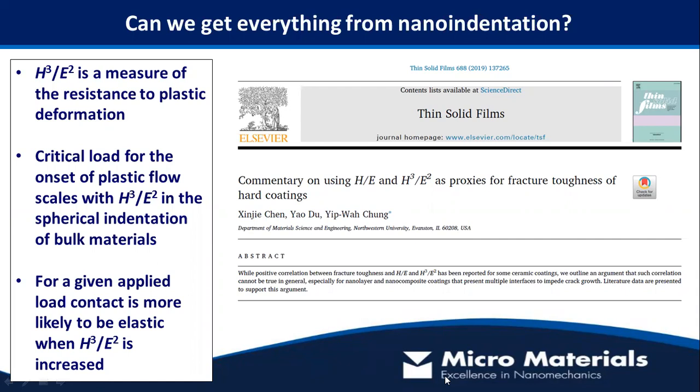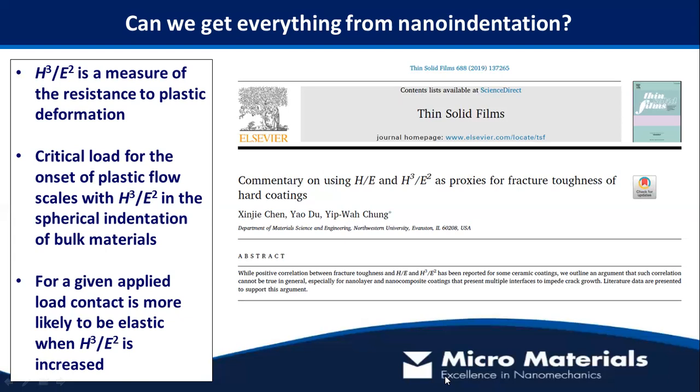So H/E is a measure of the elastic strain to break, and H³/E² is a measure of the resistance to plastic deformation, such that the critical load for plastic flow scales with the parameter in spherical indentation. So for a given applied load, contact is more likely to be elastic when H³/E² is increased.